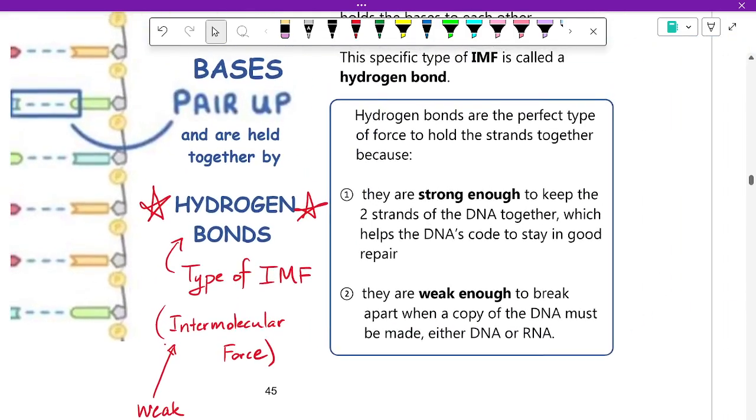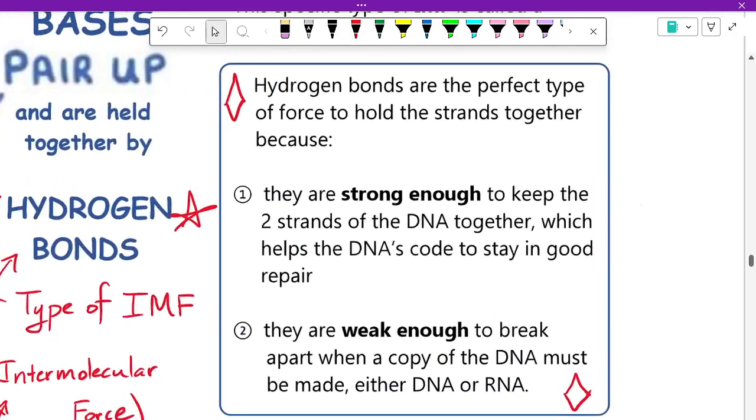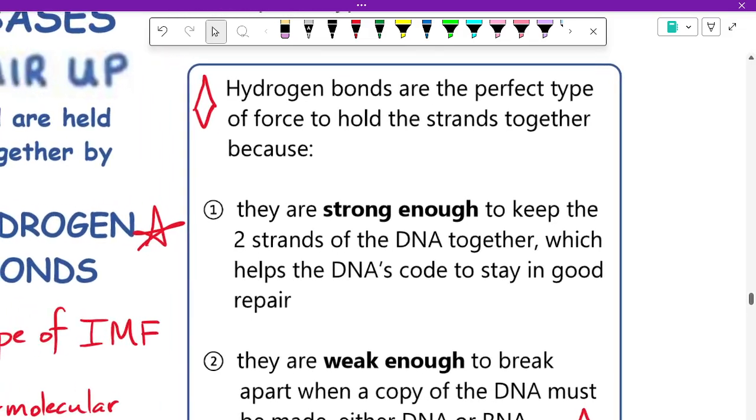This here is enriched. Hydrogen bonds are the perfect type of force to hold the strands together. Because if they were really strong, like a covalent bond, you could never get the strands to separate.